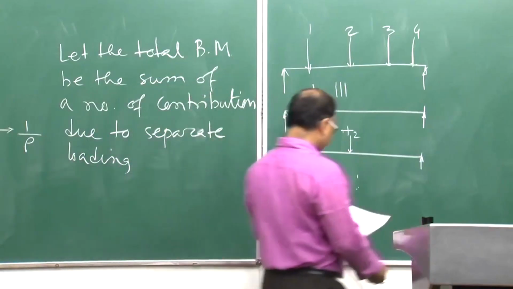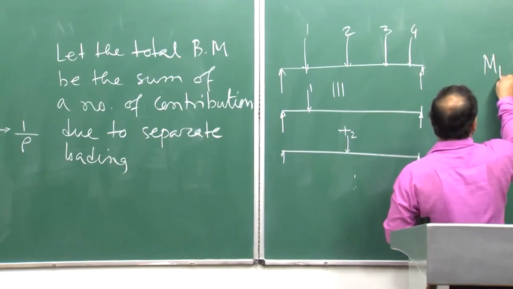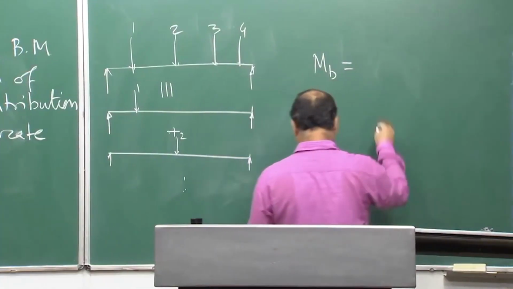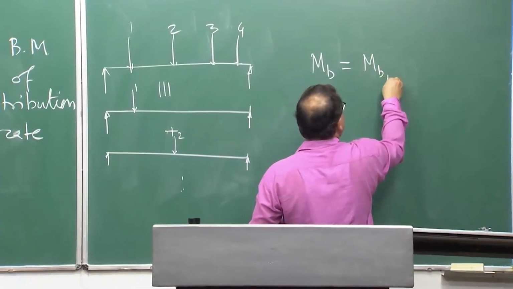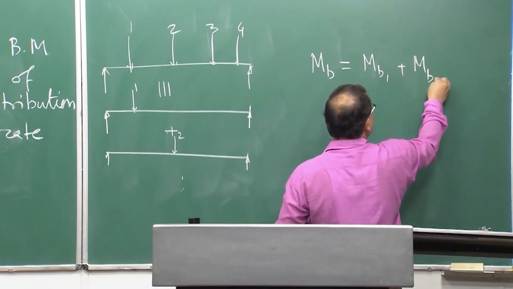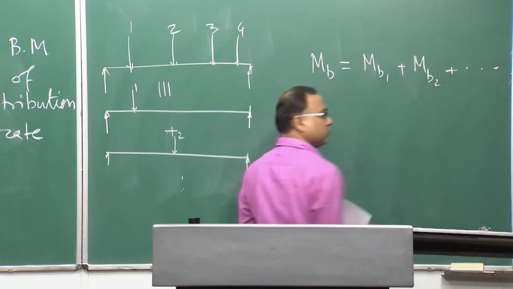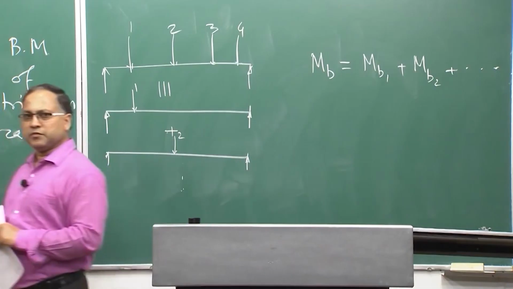Then I can simply write Mb, the total bending moment, is equal to Mb1 plus Mb2 plus so on up to n number of beams.